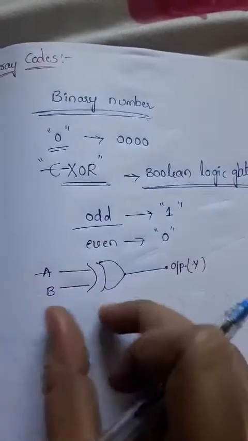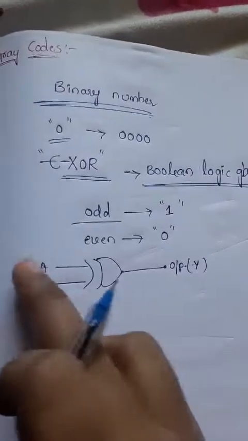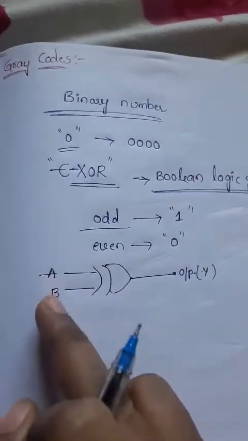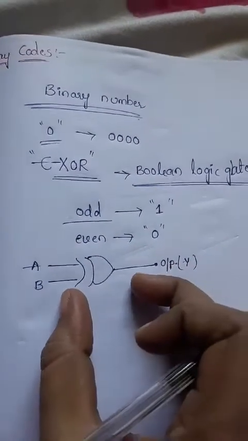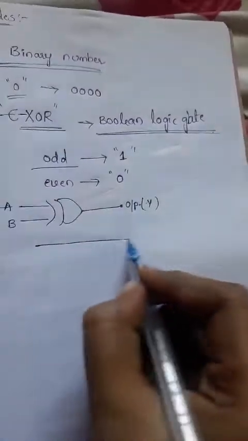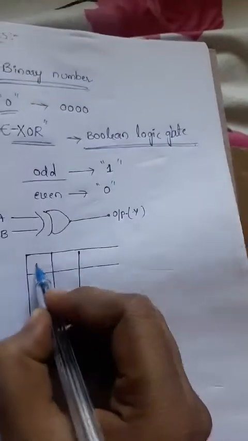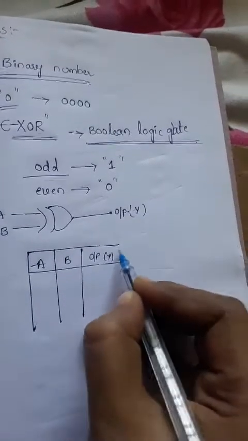So this XOR gate has 2 inputs and a single output, which we consider as Y.